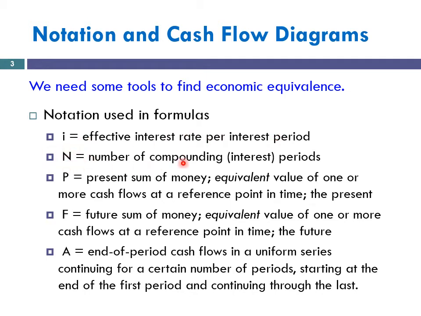N is the number of compounding periods or interest periods. For example, if we have a 5% annual interest rate and we lend money for 10 years, this is a yearly interest rate and we are lending or borrowing the money for 10 years, then it means that the number of interest periods is equal to 10.